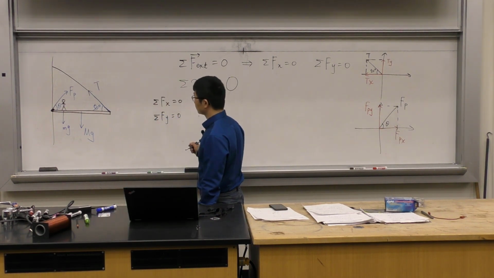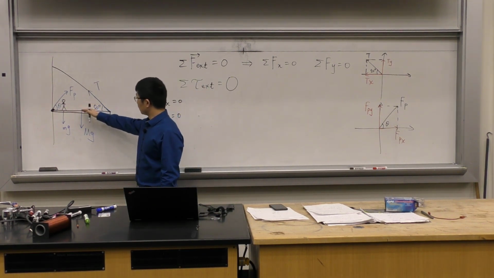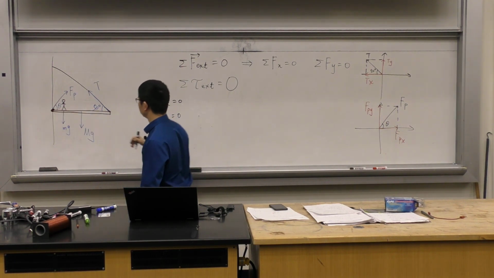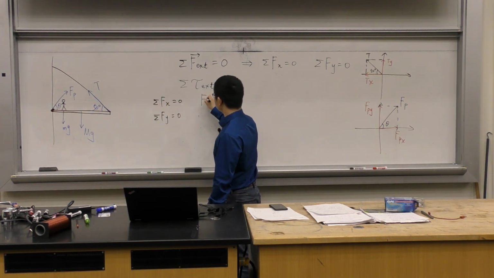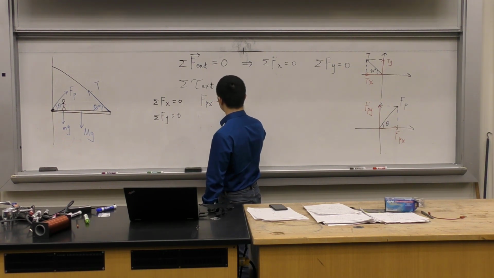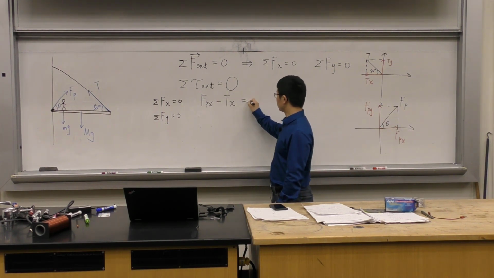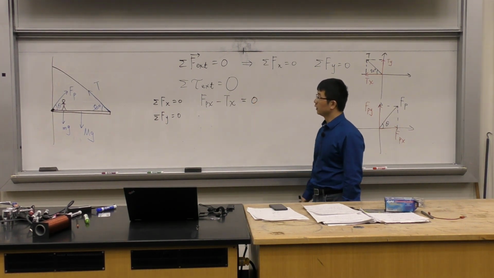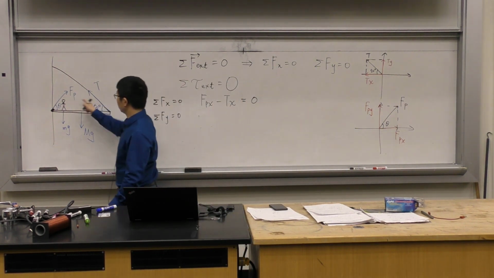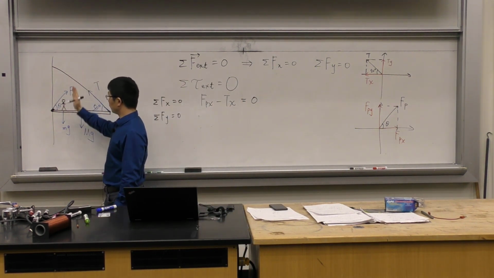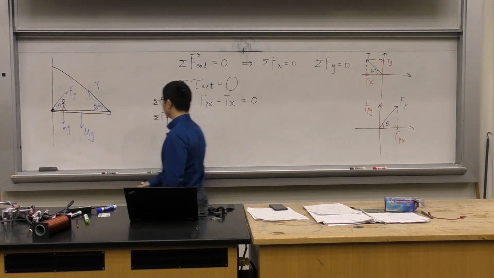So in x direction, Tx has a component, this Fp has a component. You put them together, Fpx is going to be positive, right? And then tension x direction is going to be negative. And then that's it, right? You only have 2 components in x direction. Put a 0 there. Now, y direction, these 2 guys, they both have a y component up, so positive, right?